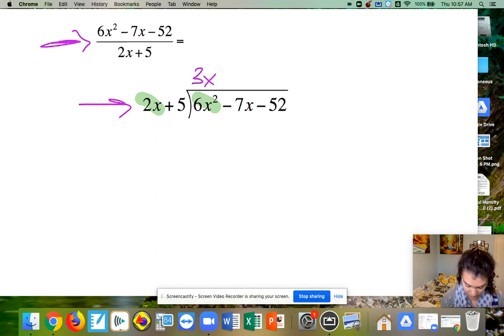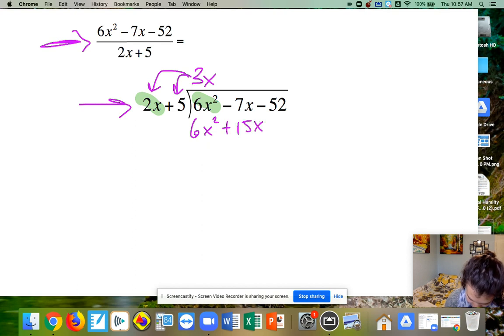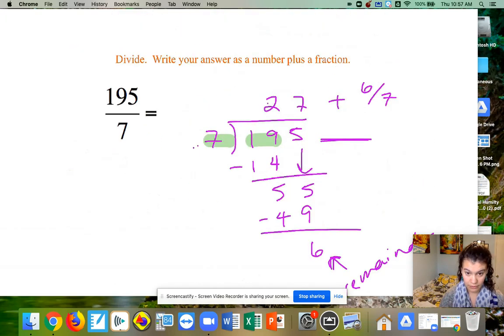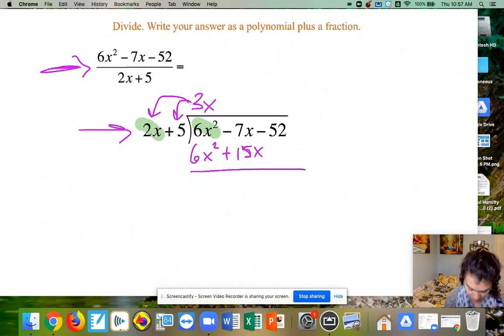At this point, you need to distribute this to both terms. So we'll get 6x squared plus 15x. Now a note here, what we did at the beginning, we subtracted. So you need to subtract here, but we're subtracting everything.